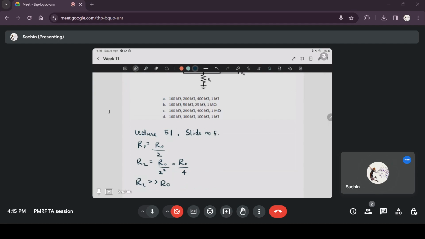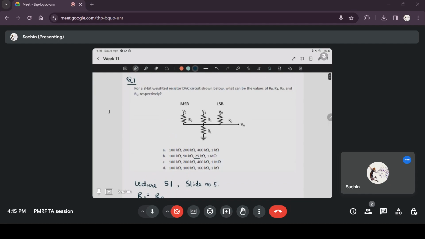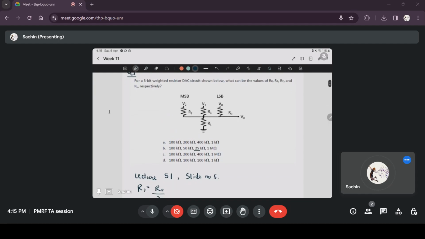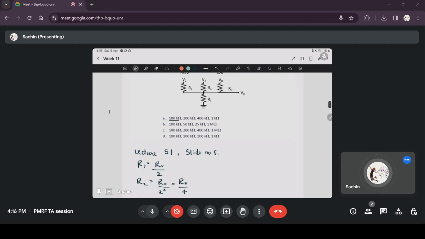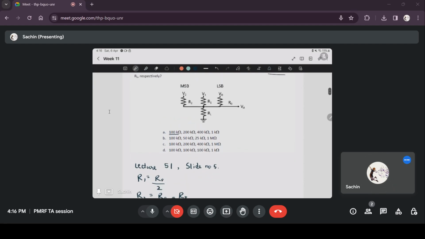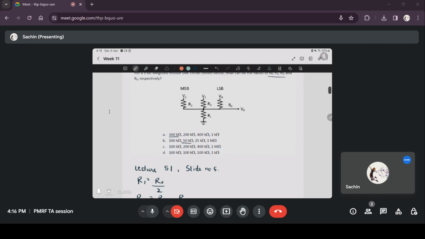And when you look at the options, the order they have given is R0, R1, R2. So the first resistance is R0, 100 kilo ohm. Then R1 must be R0 by 2, which is 50 kilo ohm.